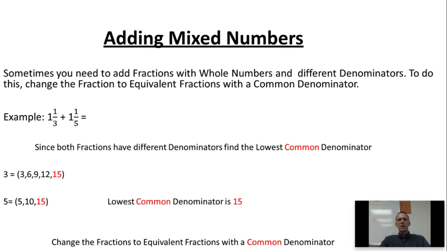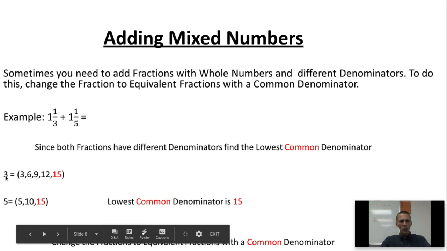Sometimes you need to add fractions with whole numbers and different denominators. So to do this, you need to change the fractions to equivalent fractions with a common denominator. If you take a look, this is the same example that we went over before. Our denominators are 3 and 5. Since both fractions have different denominators, we need to find the lowest common denominator.